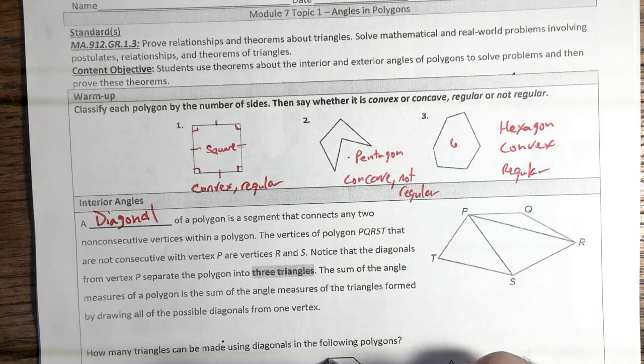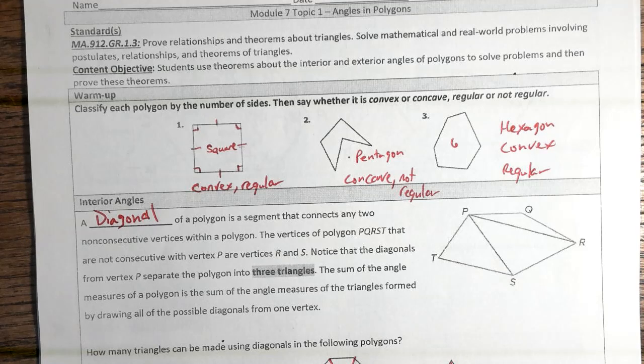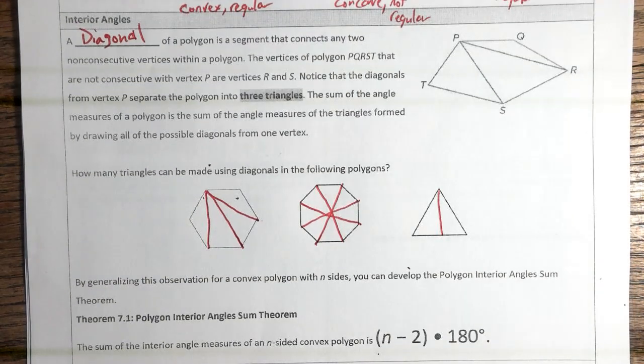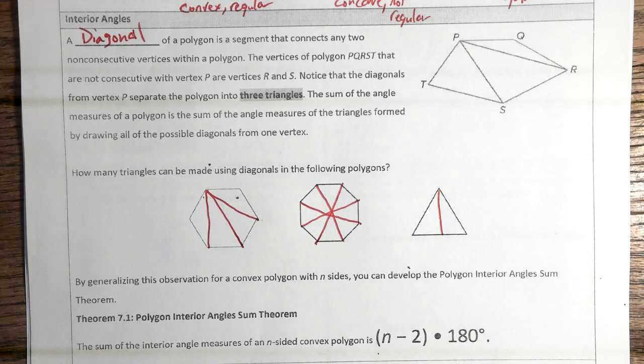Over here, we would go across. Not a very good drawer here, so we end up making 8. And then the triangle over here, we cut it in half with the diagonal. It makes 2 triangles.